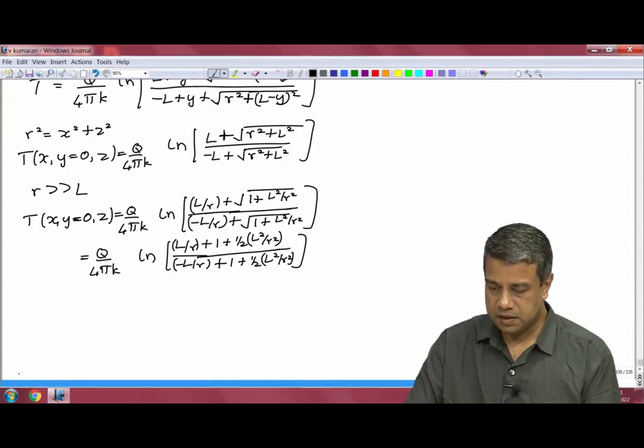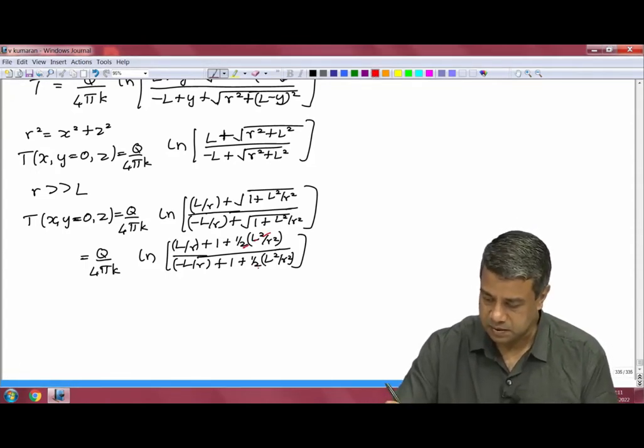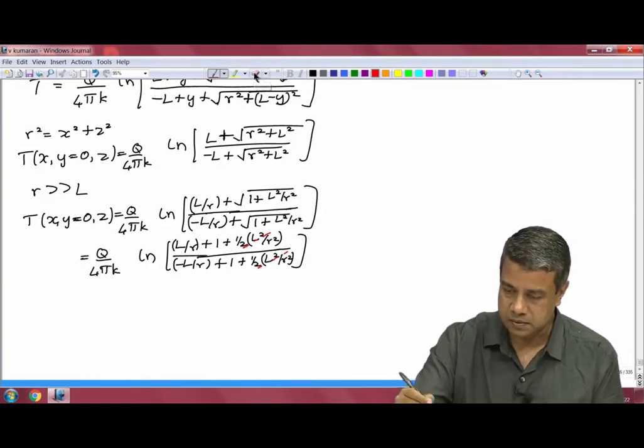And I can neglect L square by R square in comparison to L by R.